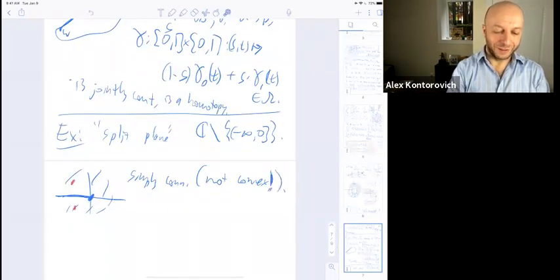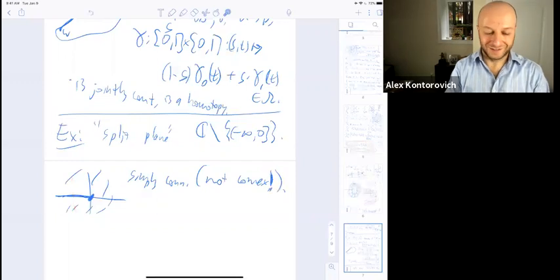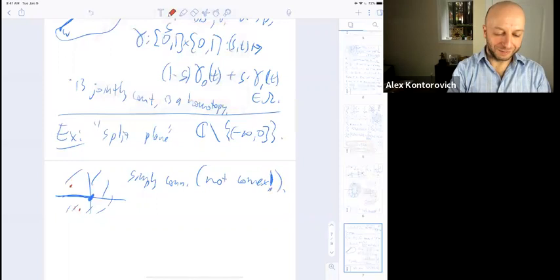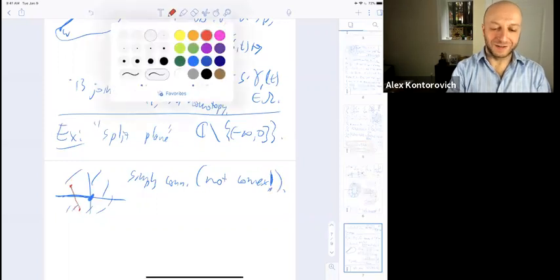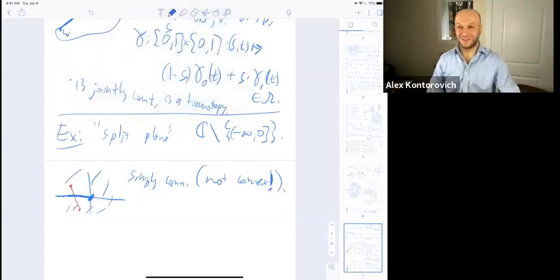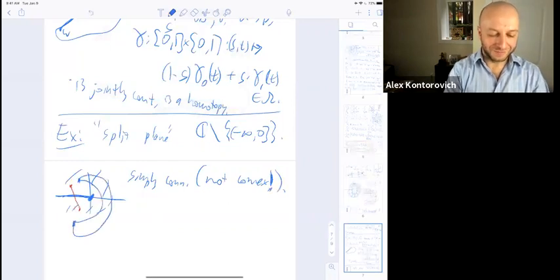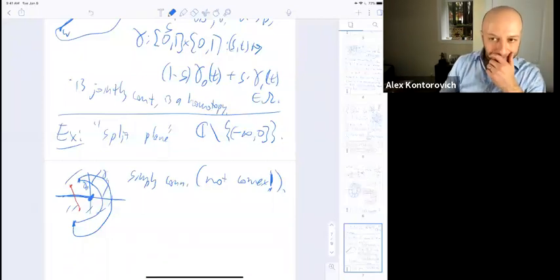Take this point and this point, the line through them is not in the set. So if I have two curves with the same starting and end points, this is gamma 0, this is gamma 1, how am I to deform one to the other?